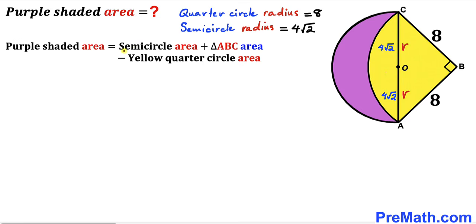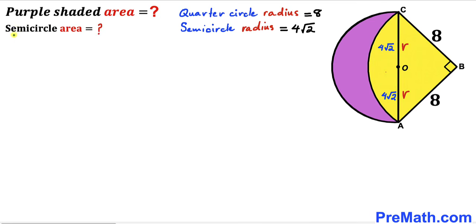So now our task is to calculate the area of this semicircle, the area of the triangle ABC, and finally the area of this yellow quarter circle as well.